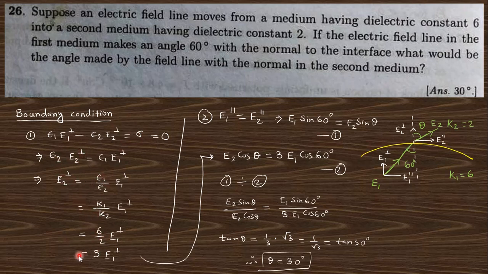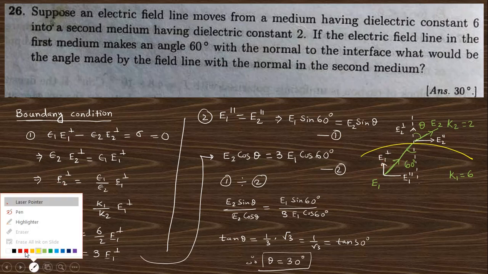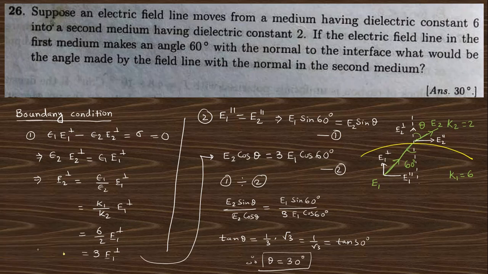This is E2, it has two components, E2 parallel and E2 perpendicular, and this is E1, which also has two components, E1 parallel and E1 perpendicular. For the perpendicular components we got the relation E2 perpendicular equals 3 times E1 perpendicular, whereas the parallel components are equal.